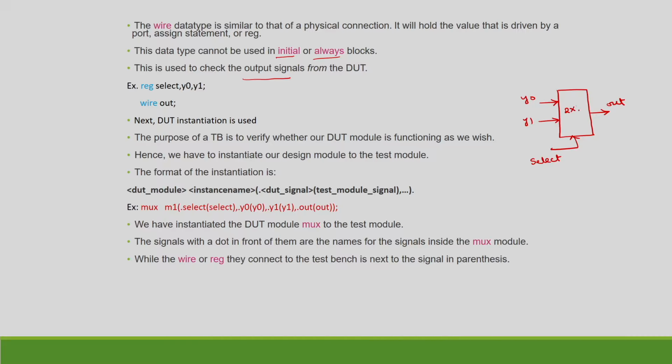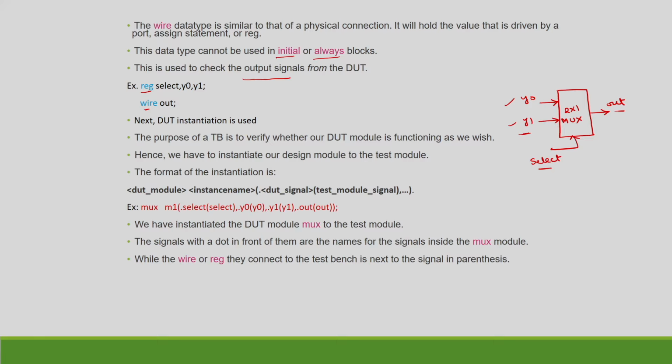This is a 2x1 multiplexer. So, these inputs will be applied through the stimulus. So, we have to define y0, y1 and also select as register, because these are the inputs. Output will be declared as a wire.